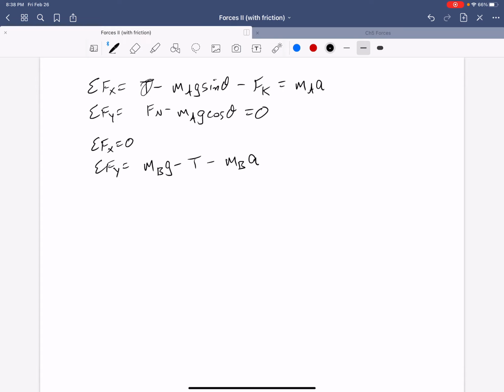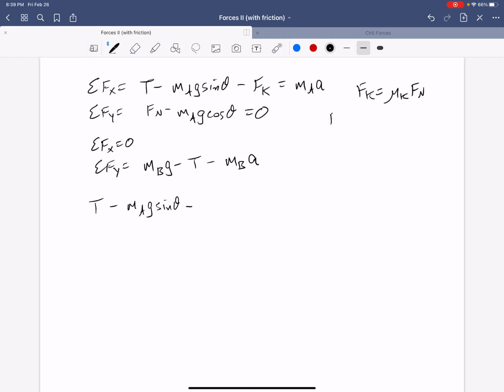What happened? Oh, there we go. We have T is the unknown as well as a. Okay, so to solve for that, let me rewrite the first equation. Let me expand that a little bit. Fk, remember, has the form mu k times Fn, right?